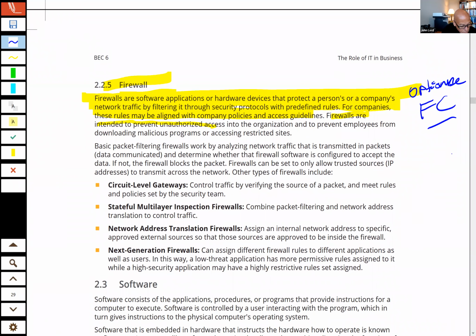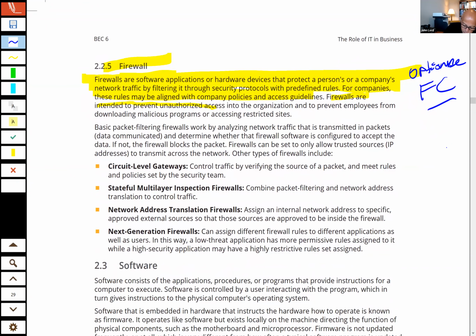Again, some of these things are just so obvious that you don't really need to flashcard them, but if you feel it's necessary, you could do that. Now, they have other types of firewalls, and why don't you go ahead and flashcard some of these, because these don't really leap to mind. You don't walk around with this stuff in your head, I don't think. Circuit-level gateways control traffic by verifying the source of a packet meets the rules and policies of the security team. Stateful multi-layer inspection firewalls combine packet filtering and network address translation to control traffic.